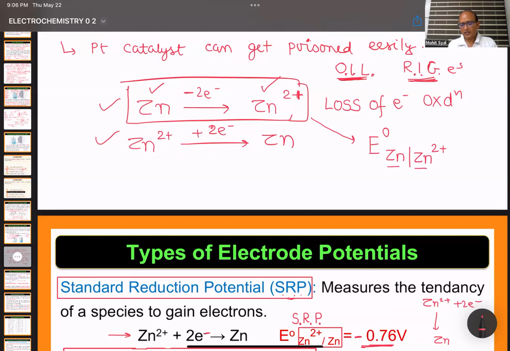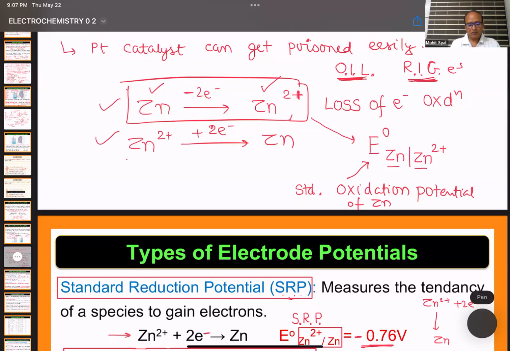So this is SOP, standard oxidation potential of zinc. Got it? Yes, sir.